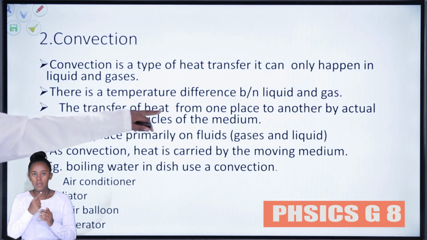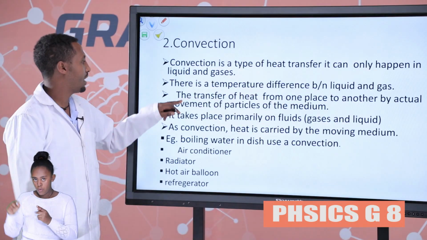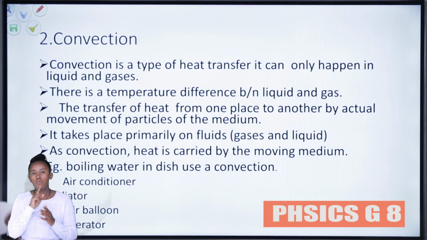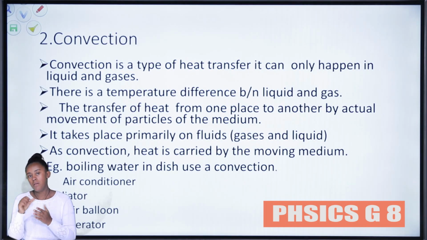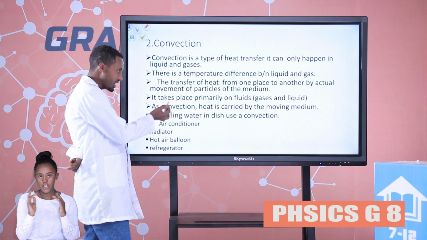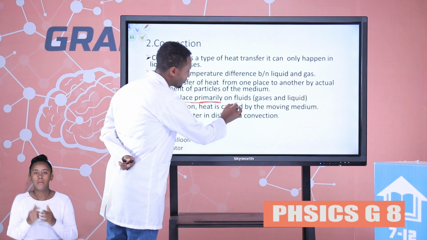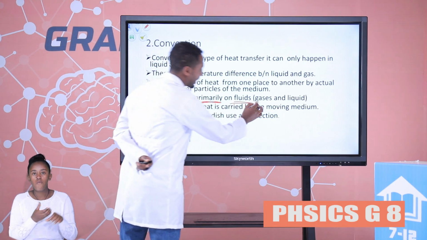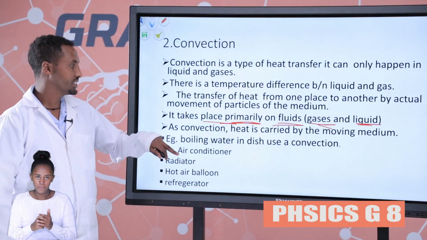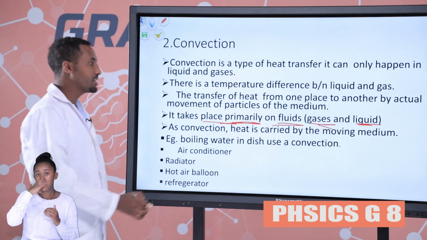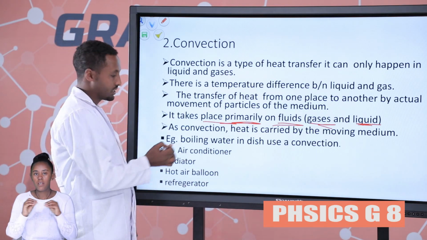Convection is the transfer of heat from one place to another by the actual movement of particles of the medium. Convection takes place primarily in fluids, gases and liquids. In convection, heat is carried by the moving medium.